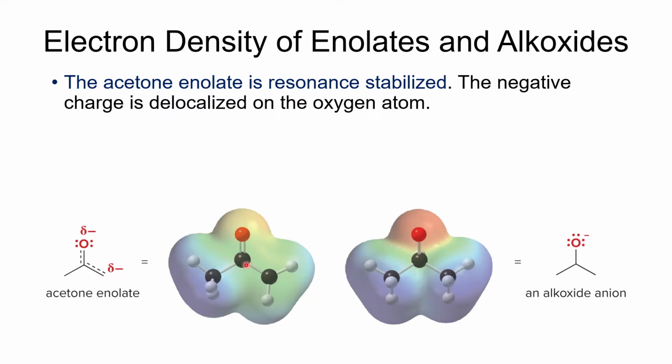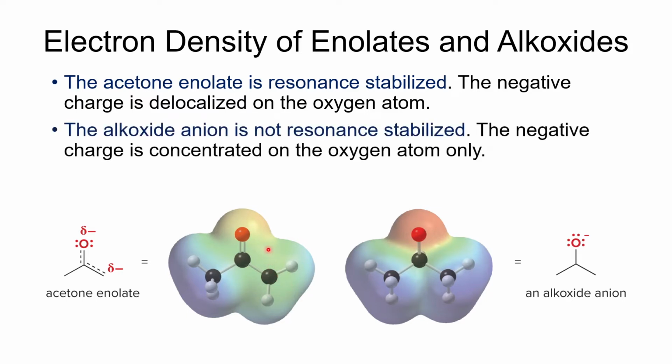When we look at this electron density map, we will see that we get more of the negative charge on the oxygen. That makes sense. Oxygen's more electronegative. We should expect it there. But you'll see that there is some negative charge because it's not very blue. There's some negative charge here on the carbon.